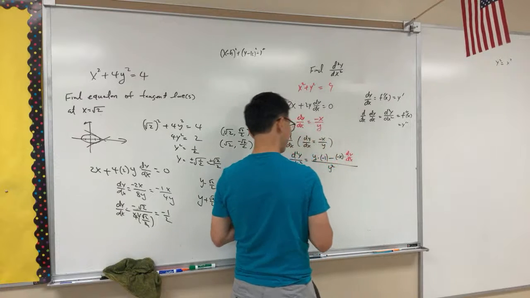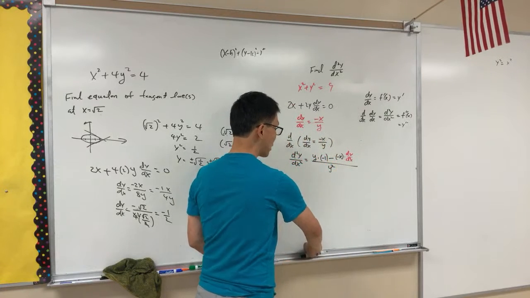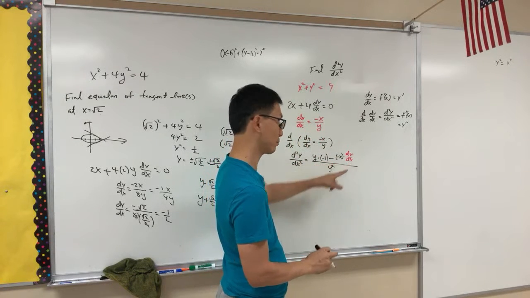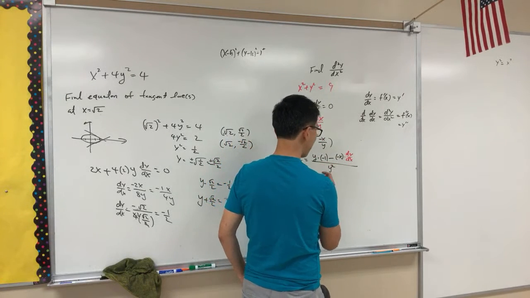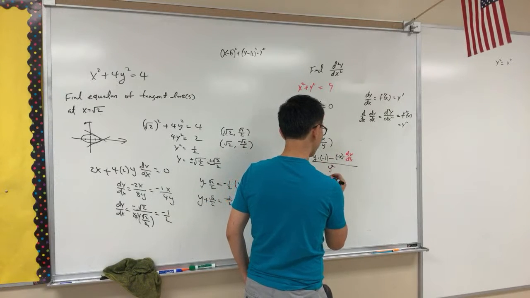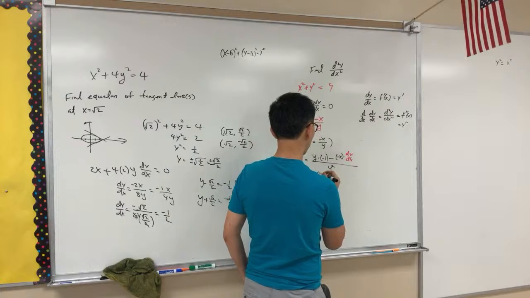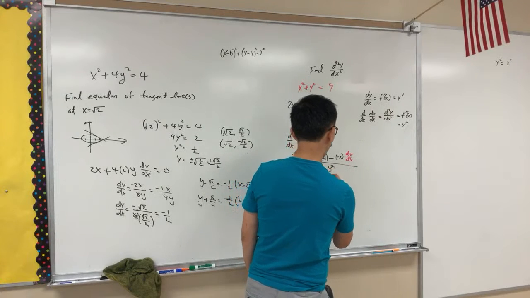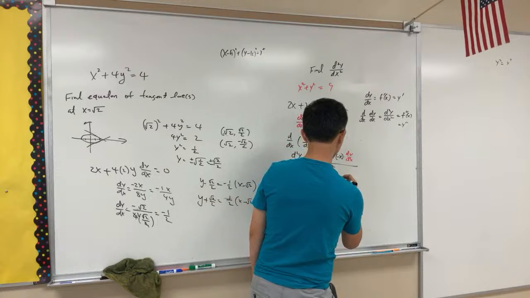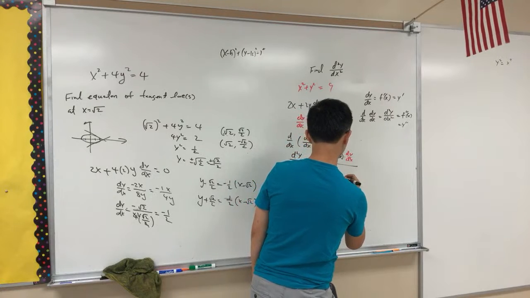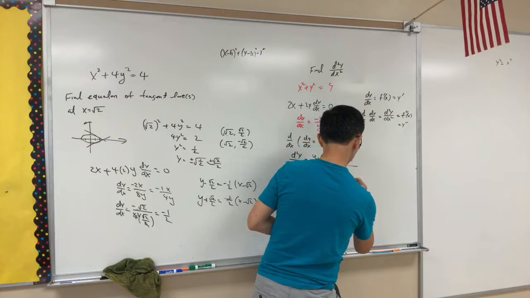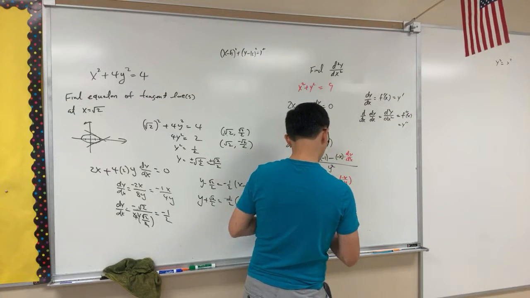Now what's nice is dy dx is already here, right? Can I substitute that? Because I want to simplify all the way so that it doesn't have a dy dx. So it'll be negative y plus x times negative x over y, over y squared.